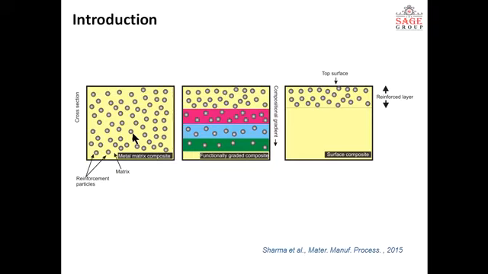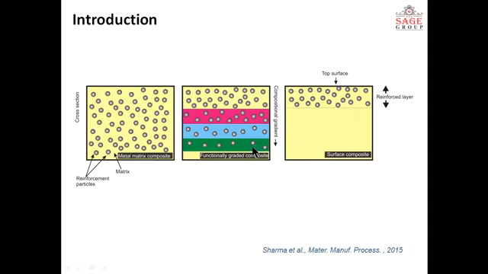And now the second category of composite is the functionally graded composites, in which there is a gradient of composition from bottom to top. These composites have the reinforcement in different volumes at different places. As you see in the figure, at the lower part the quantity of reinforcement is limited or less.